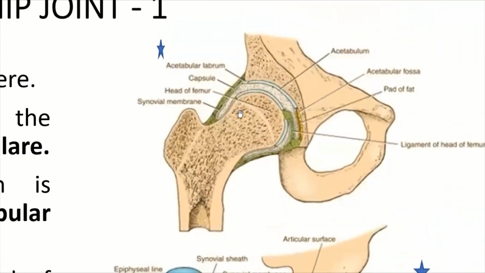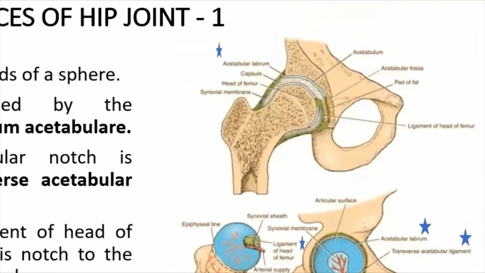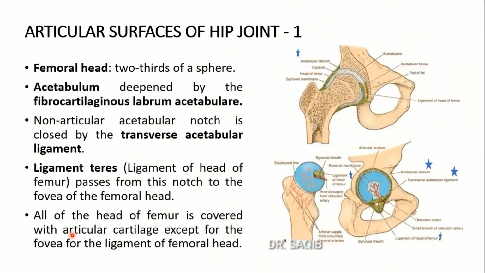Here you could see this. All of the head of the femur is covered with articular cartilage, except for the fovea, for the ligament of the femoral head. This is the articular cartilage on the head of the femur.